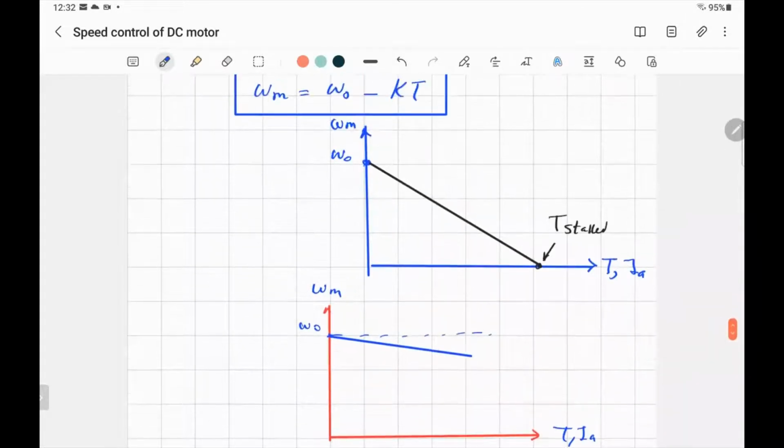I'm exaggerating here for something, because sometimes we do tests. But when we make the test to measure the stalled torque, we don't apply the nominal value of the voltage. Like if the motor is rated for 120 volts, maybe you apply only 20 volts. Why? Because in this test, you give power to the machine and then you lock the rotor, so it is not rotating. So what happened to the current?